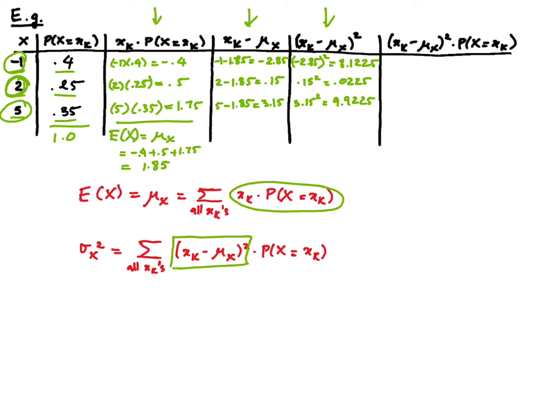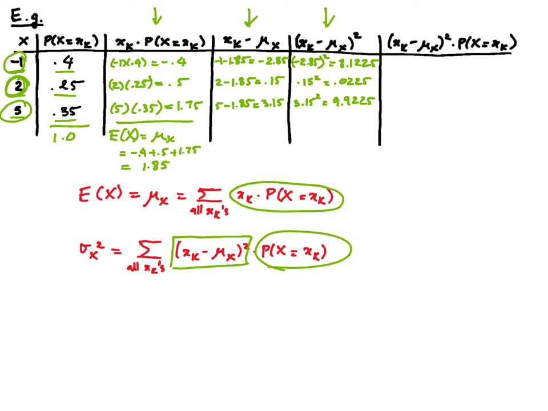Okay? And so what we need to do now is multiply each of those numbers by the corresponding probabilities, right? So in this last column, you want to multiply each of the numbers that you just computed by the probability that x is equal to xk.